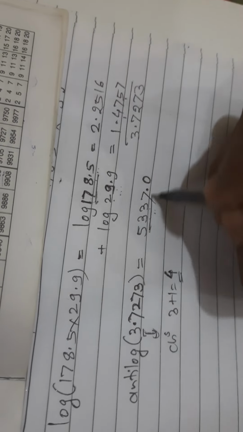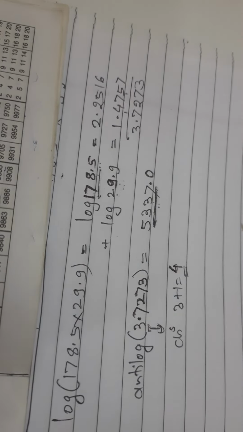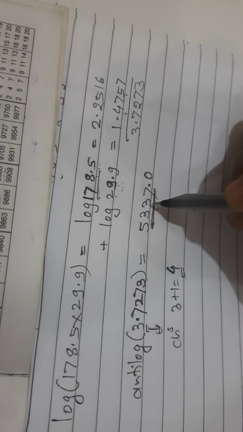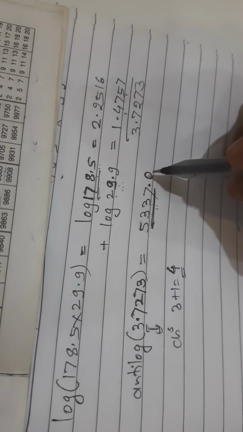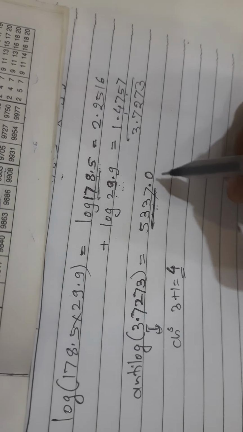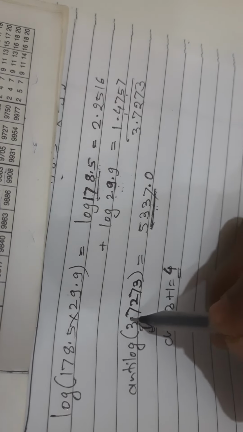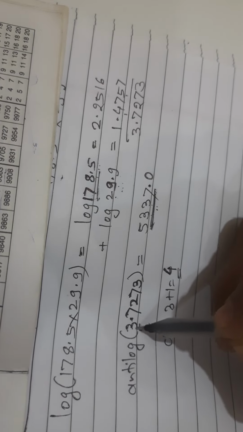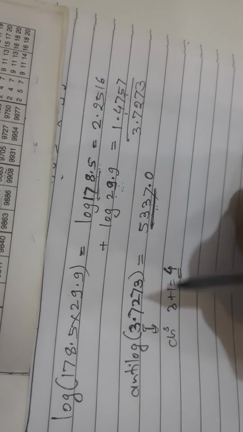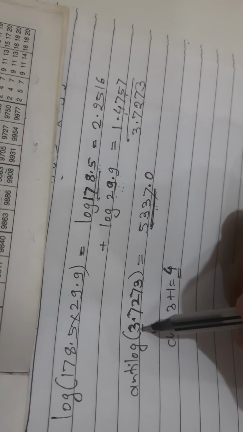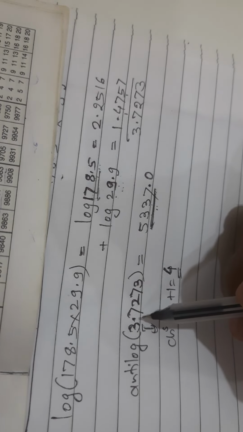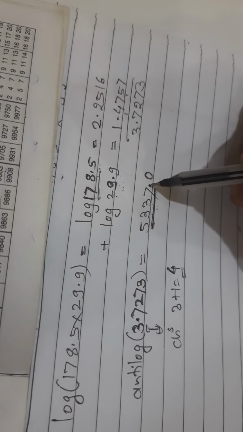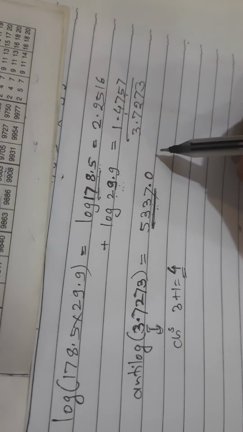Now this is the answer of this multiplication, 5337.0. How to give the decimal point? In this antilog, before the decimal point there is a 3. 3 indicates the characteristic. Add 1 to the characteristic and we get 4, and therefore we have to give the decimal point after 4 digits.